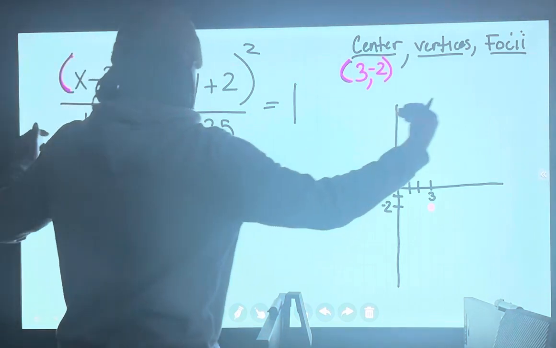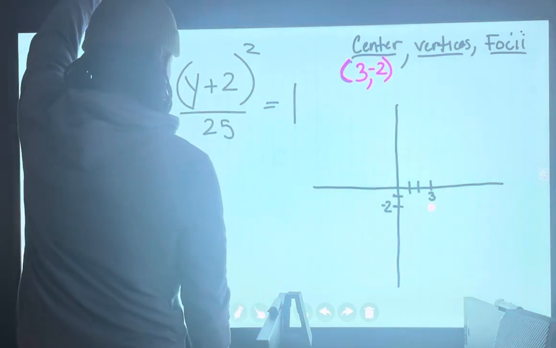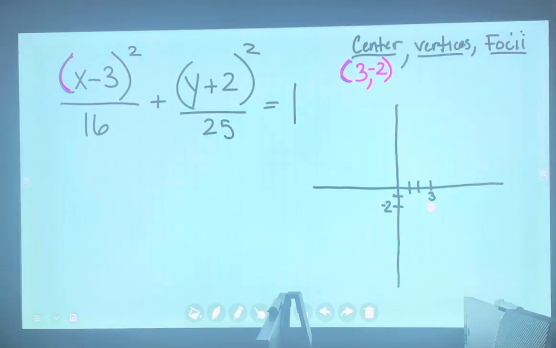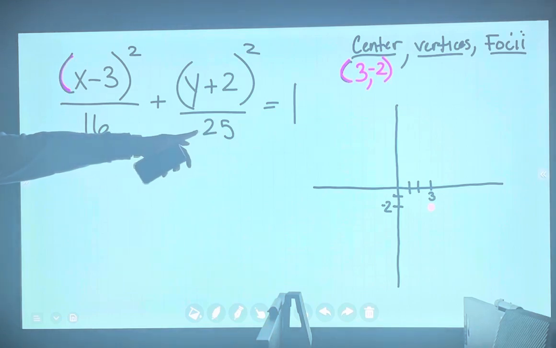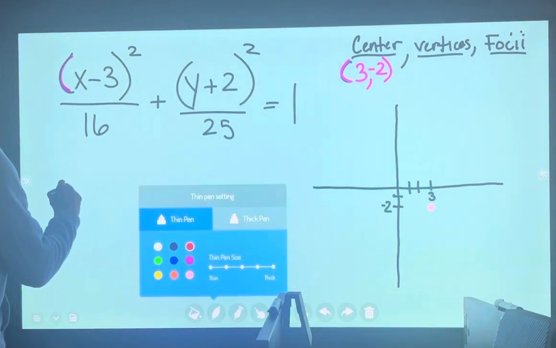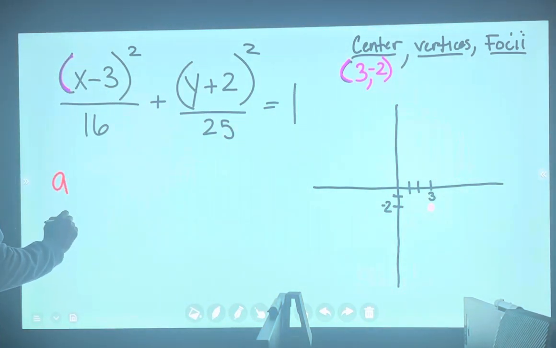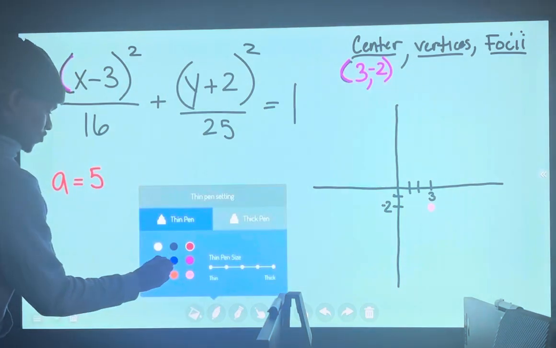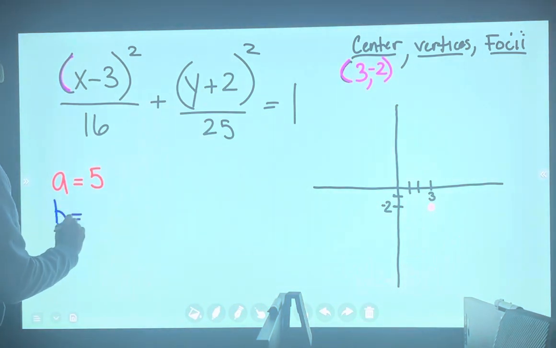So am I gonna have a horizontal ellipse or vertical ellipse? It's gonna be vertical because you see now that the A value is with the y section. So remember A, I'm gonna keep it in red. What's my A value? It is 5. My B value is 4.